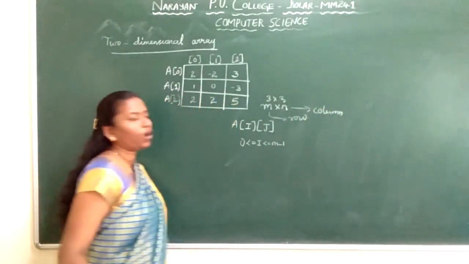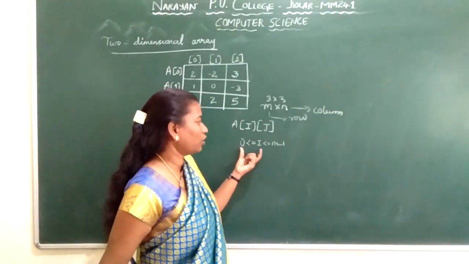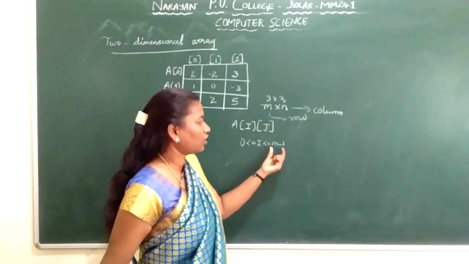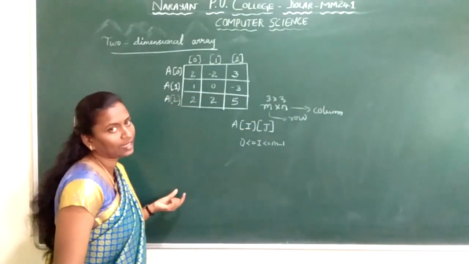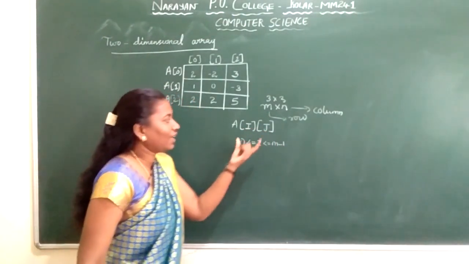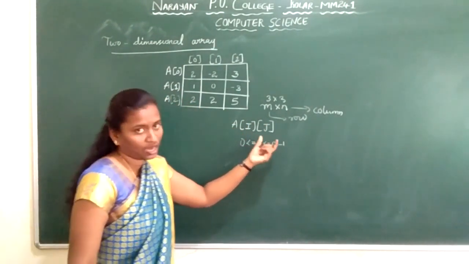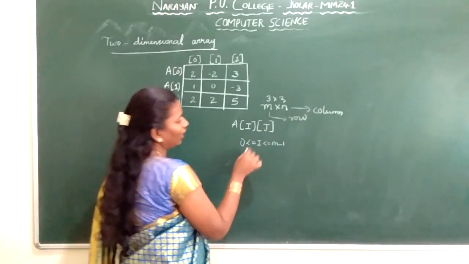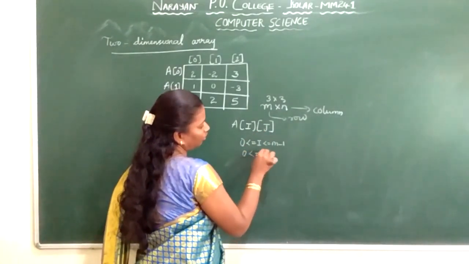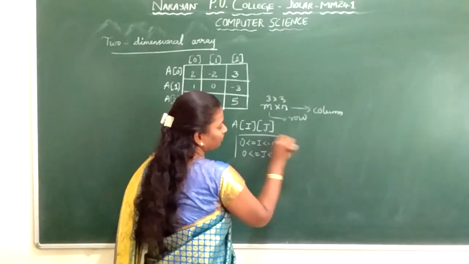So here i represents the row, with 0 less than or equal to i, and for j you have 0 less than or equal to j, which is less than or equal to n minus 1.